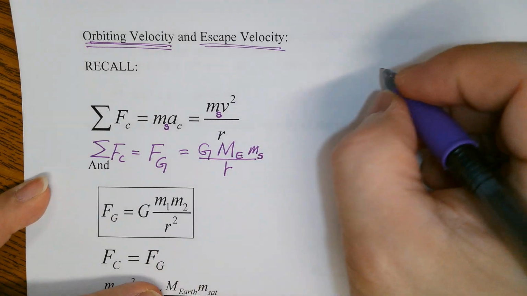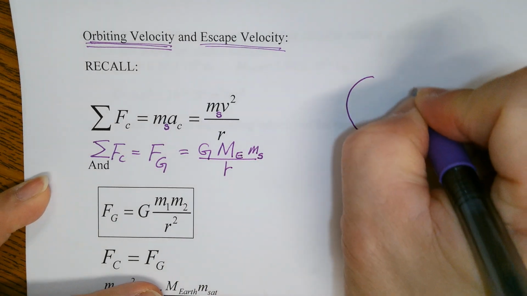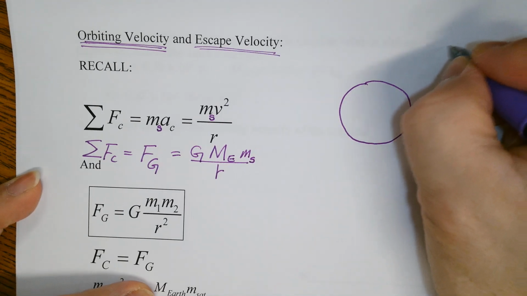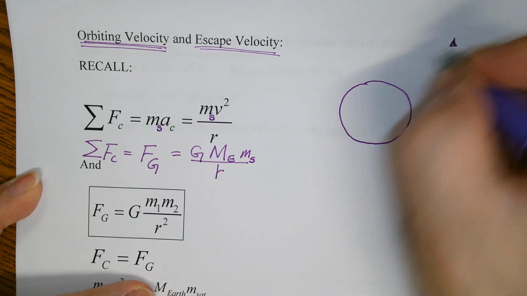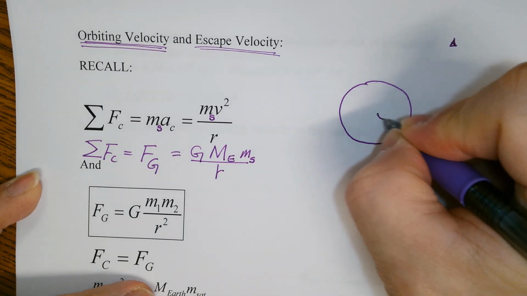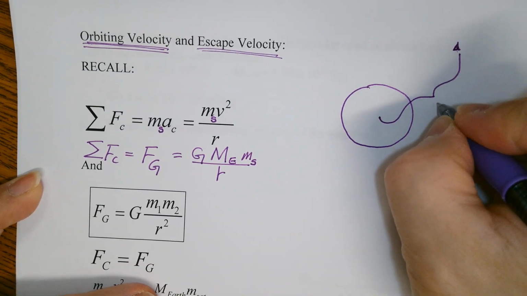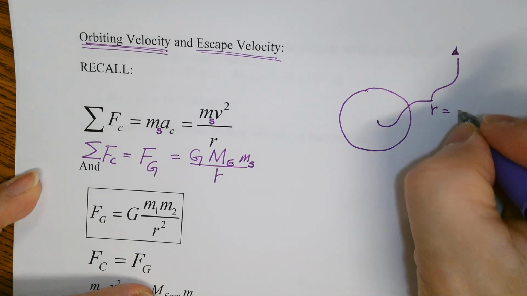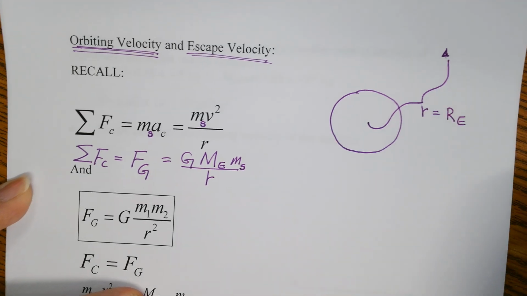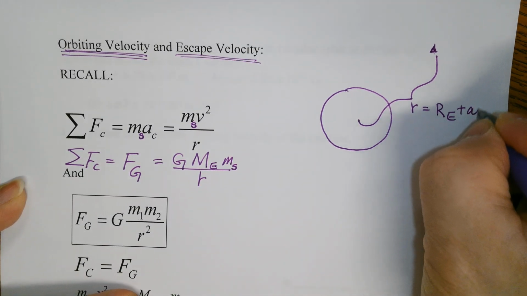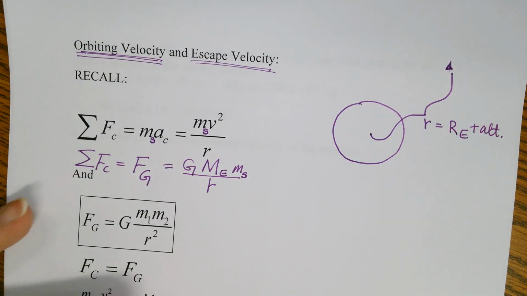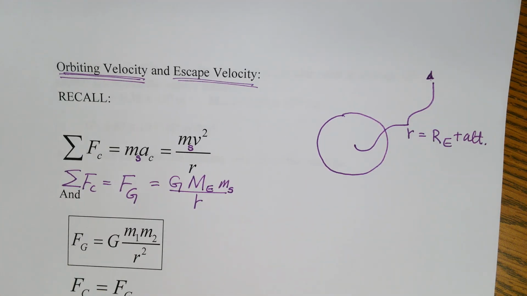Now, r, as we talked earlier, is the distance of separation between the center of the Earth and the satellite. And that r is basically the radius of the Earth plus the altitude. Remember, right?